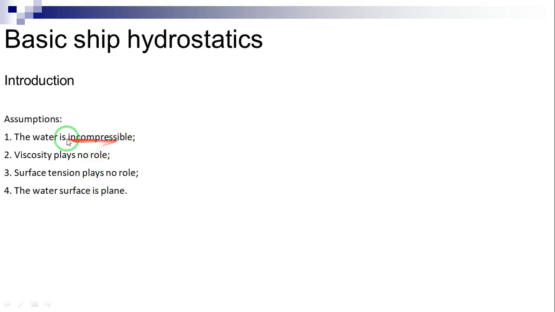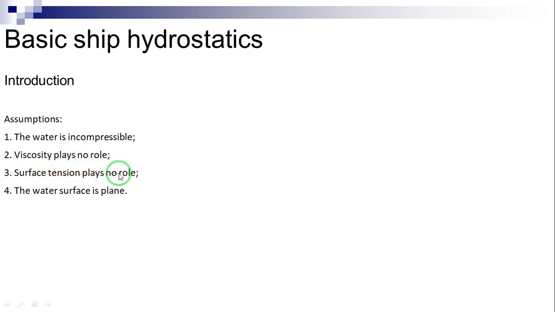The first assumption is practically exact in the range of water depth we are interested in. The second assumption is exact in static conditions, that is without motion, and a good approximation at the very slow rates of motion discussed in ship hydrostatics.